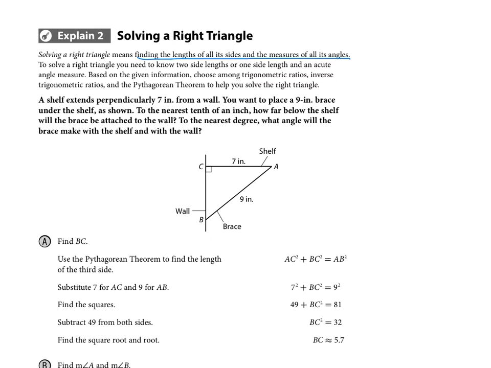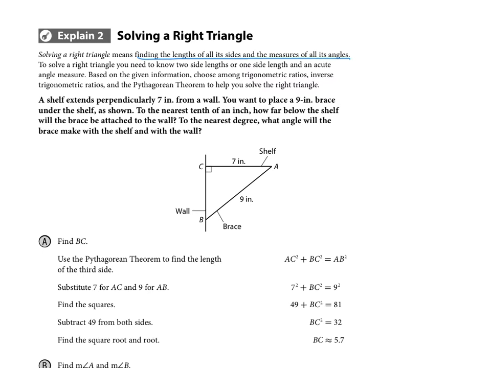So for part A of this problem, looks like we're starting by finding the missing side BC. This is a word problem that talks about a shelf coming out from a wall, and it is extending 7 inches out from the wall, and we want to place a brace that we know is already purchased as 9 inches long, so that's the hypotenuse, under the shelf, and we want to know where exactly we should drill some holes in the wall at point B. How far below will we need to make it?